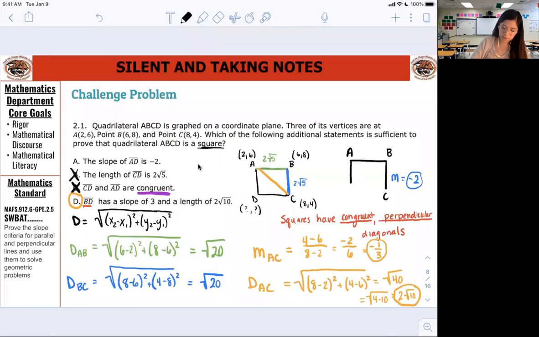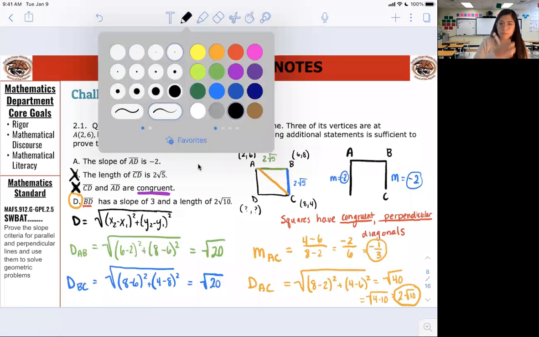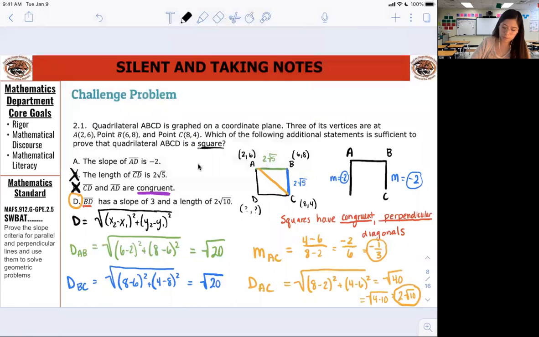So if this is -2, what do we know? That it has at least one pair of parallel sides. But does that tell us anything? This would still be parallel, it would just not be a square, it would be a trapezoid. Right? So that's not enough information either.